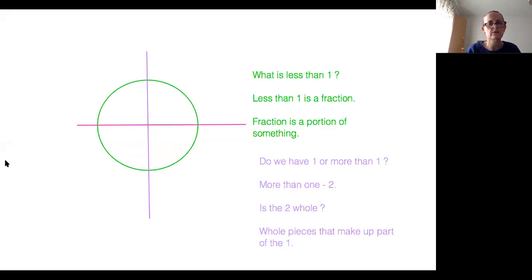So we've got 4 parts, and there are 4 parts out of 4. 1, 2, 3, 4. So there are 4 parts at the top, and there are 4 parts out of.